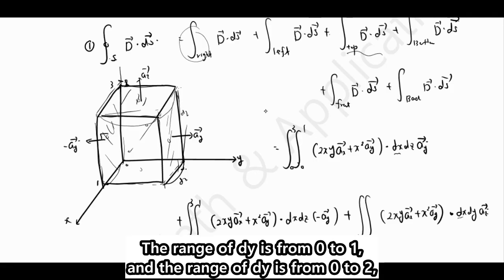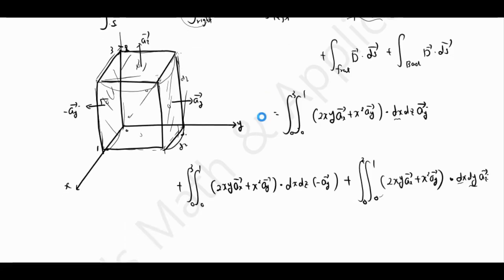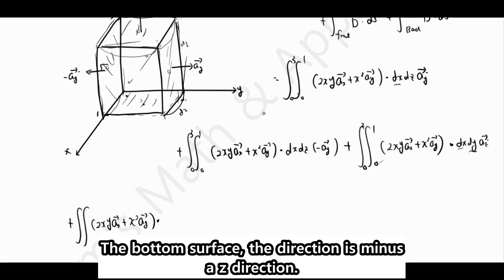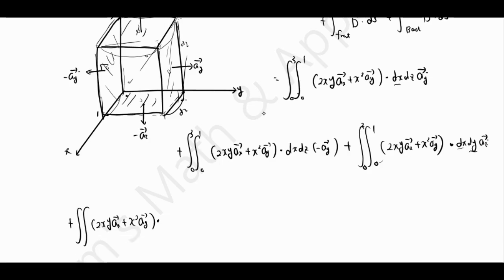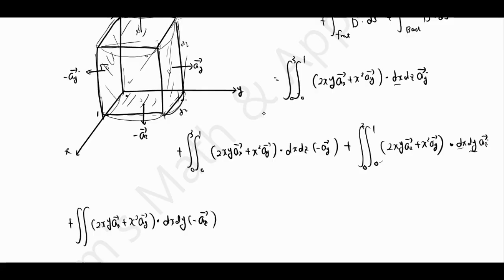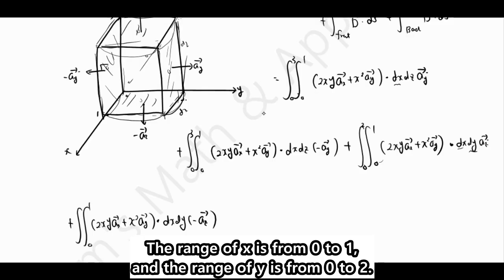The range of x is from 0 to 1, and range of y is from 0 to 2. The electric flux penetrating the bottom surface is 2xy ax plus x squared ay dot the bottom surface, where the direction is minus az direction. Magnitude is dx dy, minus az. The range of x is from 0 to 1, and range of y is 0 to 2.